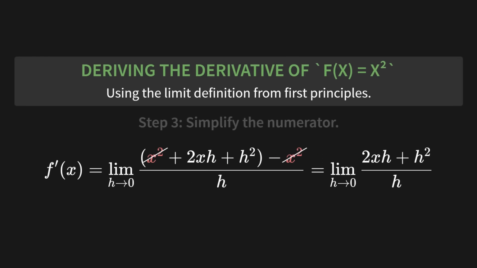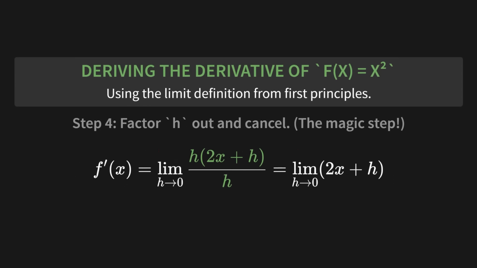Step 3. Simplify the numerator. Now watch this. This is the cool part. We have an x squared at the beginning and a minus x squared at the end. They cancel each other out. This leaves us with the limit as h approaches 0 of 2xh plus h squared, divided by h. And cancel. This is the magic step.